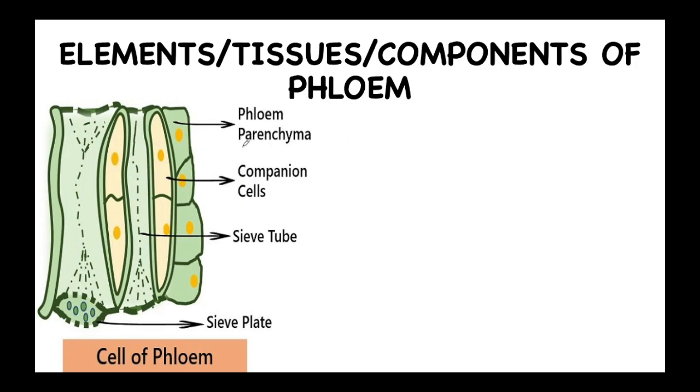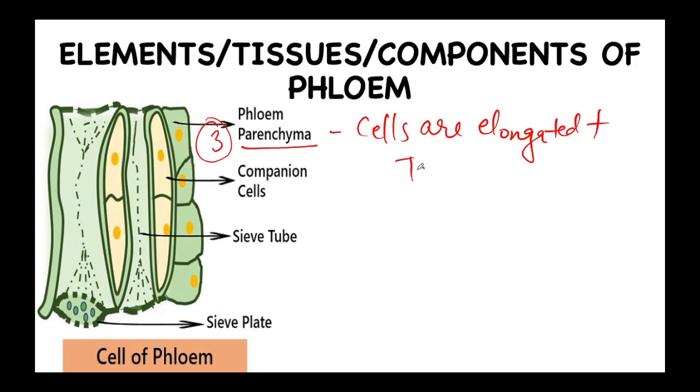Now come to the third element or tissue or component of phloem, that is phloem parenchyma. The cells are elongated and tapered. I am writing here also. Inside the structure of this phloem parenchyma, you could see yellow part. This is nucleus.